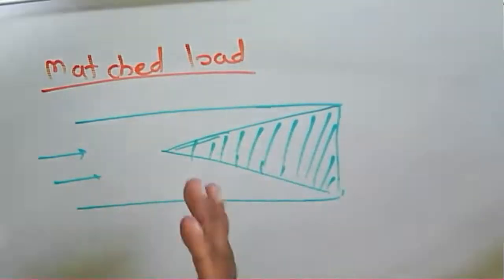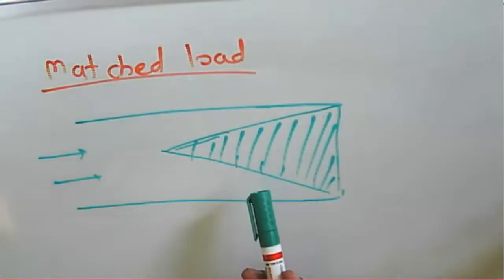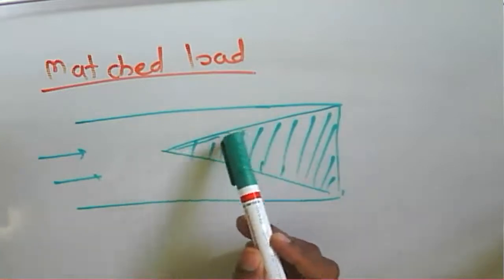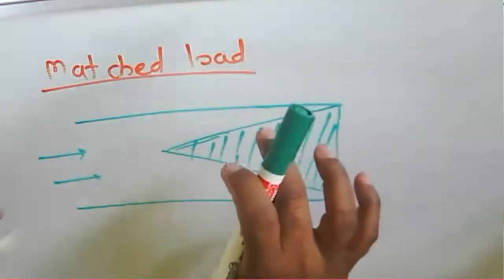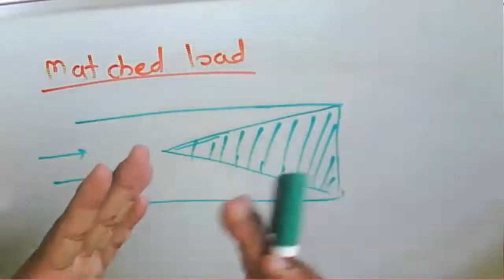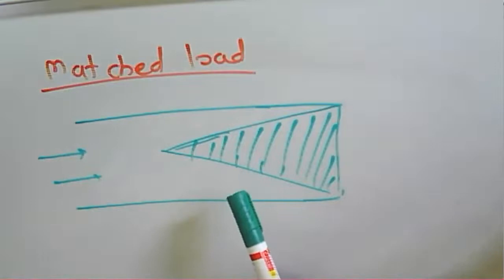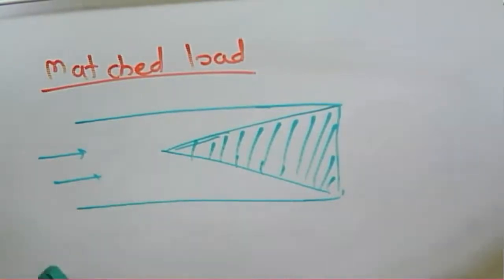So this particular section has two different tapers. At this end, either the section will be tapered or the section will be considered a match for the given load. So this is nothing but a termination, and that termination can be of different types.